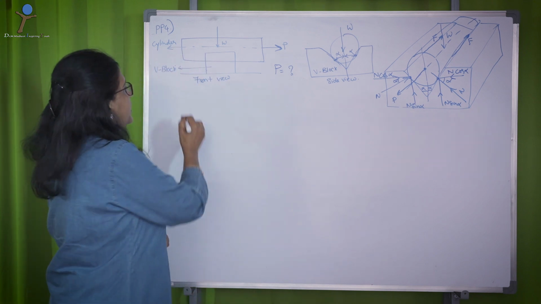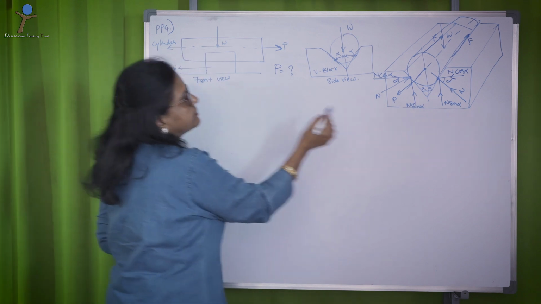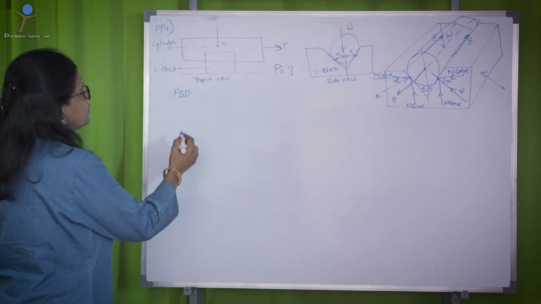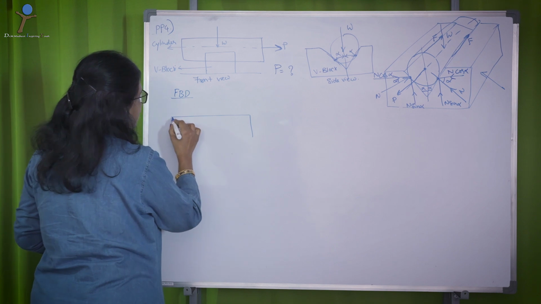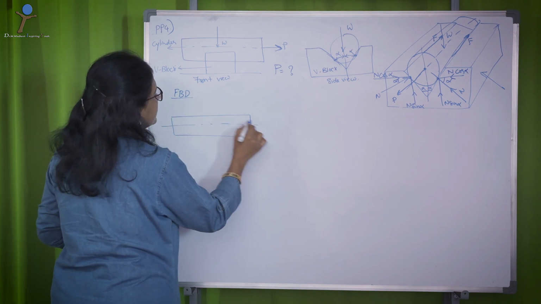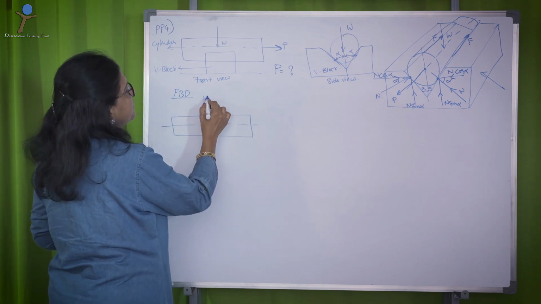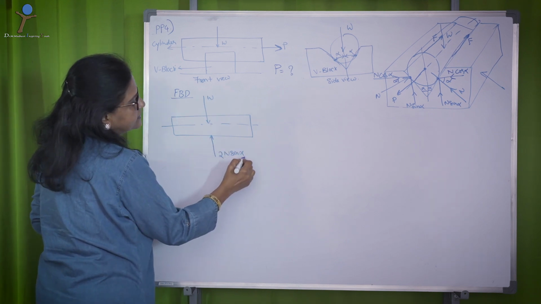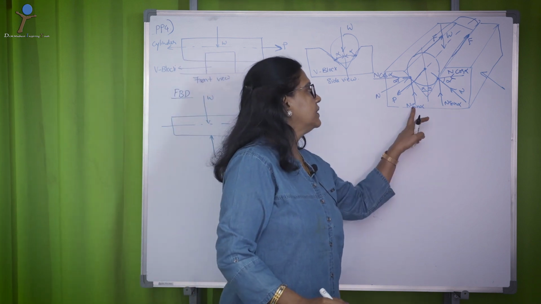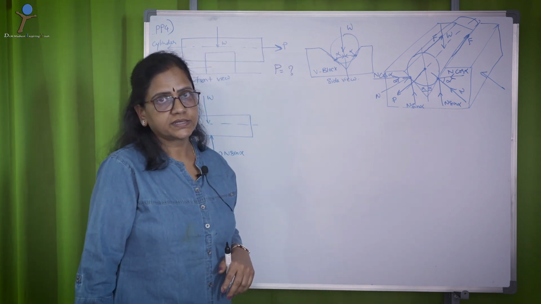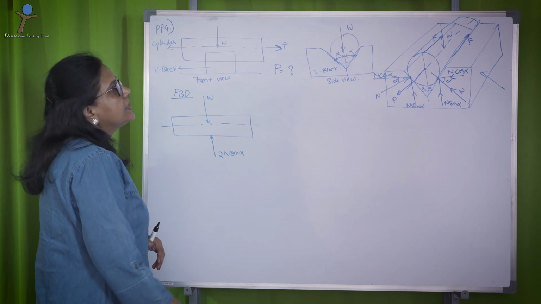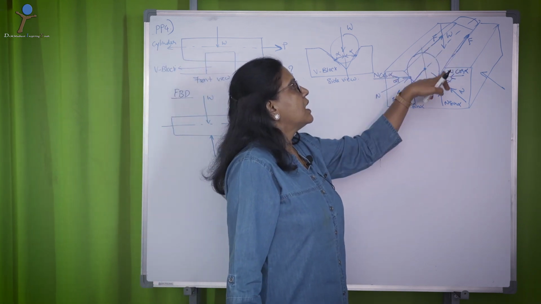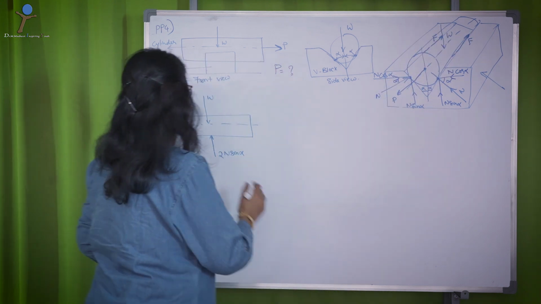So, let me draw the free body diagram from this point of view. If you have the cylinder and this is the weight, then the normal reaction is 2N sin alpha, because you have two vertical resolved components of the reactions, 2N sin alpha. Then you have two frictional forces along the length of the cylinder.